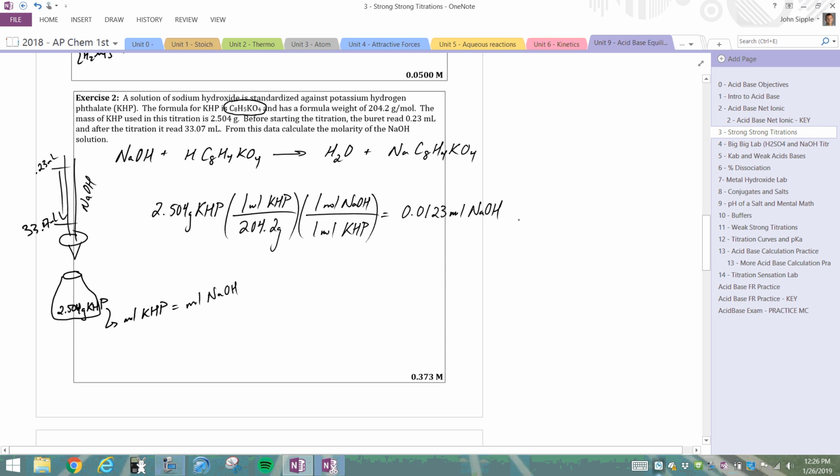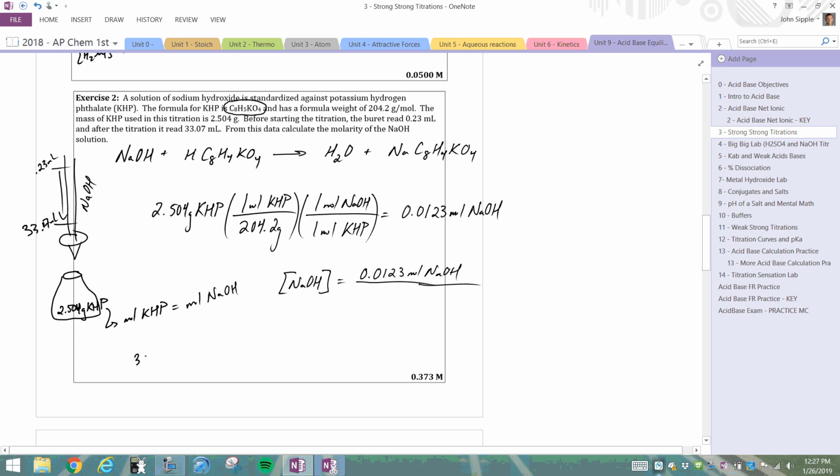Since we're trying to figure out the concentration of the NaOH solution, remember concentration is moles per liter. We had 0.00123 moles of NaOH, and we just need to figure out the volume of that solution.